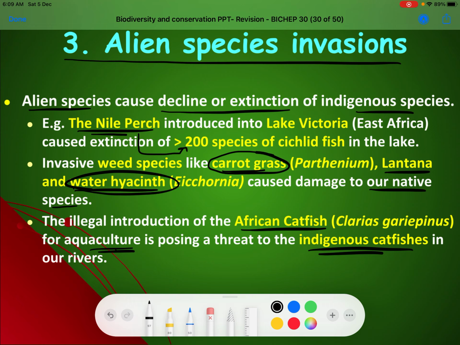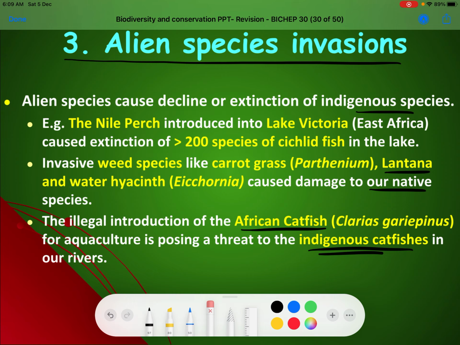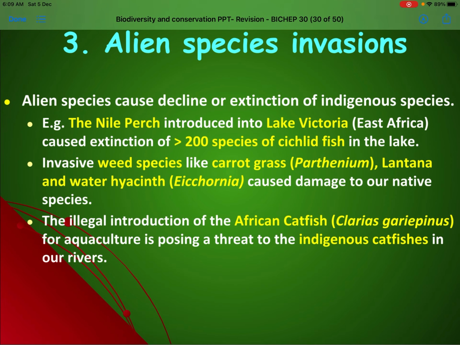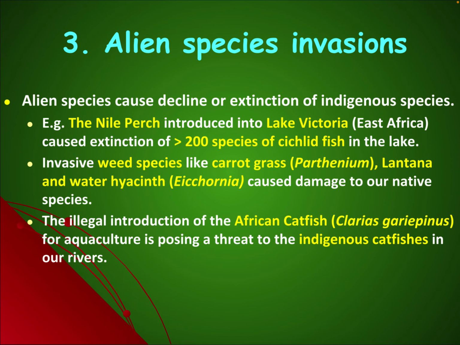The African catfish was introduced into our local reservoirs, and it is posing a threat to the local catfish because they are more prominent and the environment is more suitable for them. So, they are posing the threat to the local species.